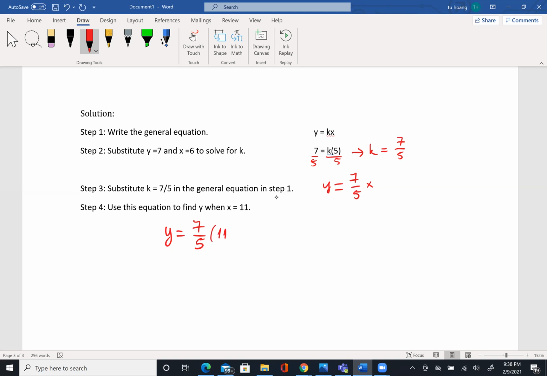So put in 11. Now you use the calculator: 7 divided by 5 times 11, which equals 15.4 as the answer. So that is for solving a direct variation application.